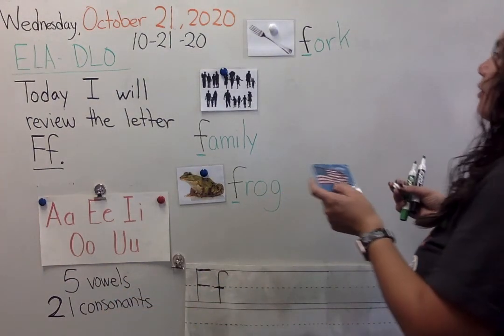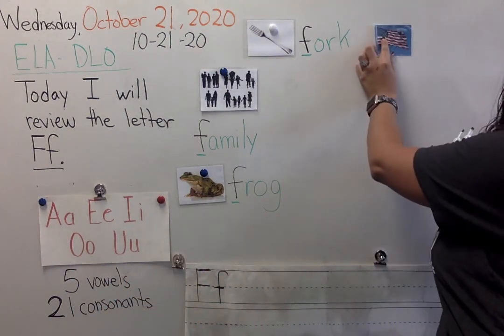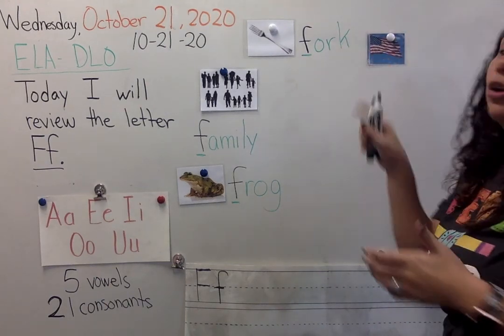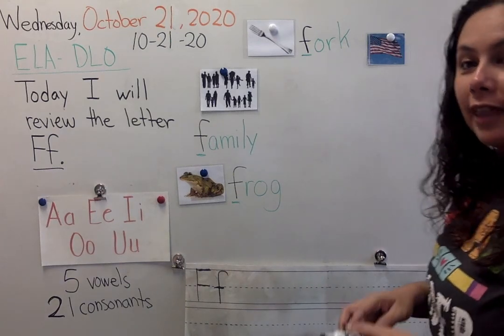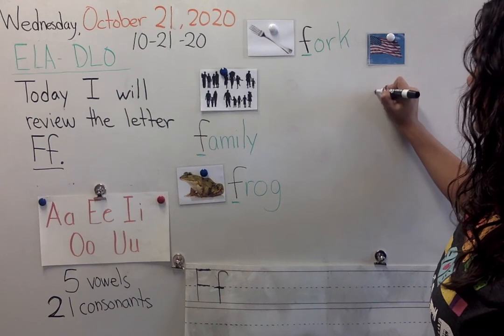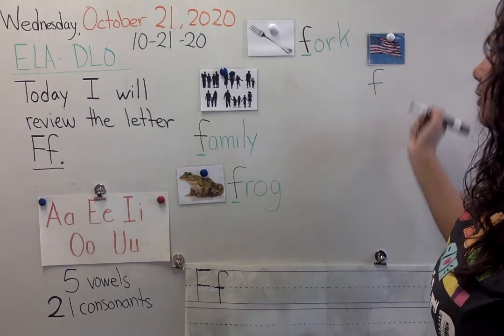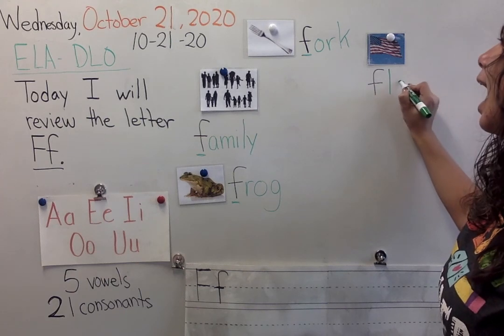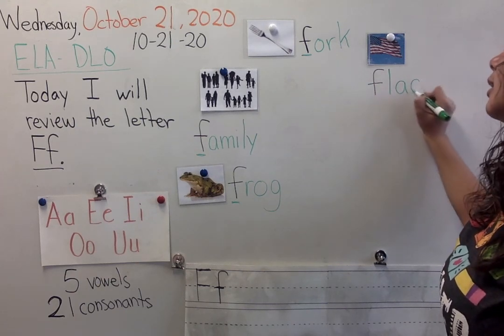We all love our flag. So I'm going to put it right here so you guys can see it. Move it down a little bit. So you know this is the flag. And I'm going to put L, A, G.